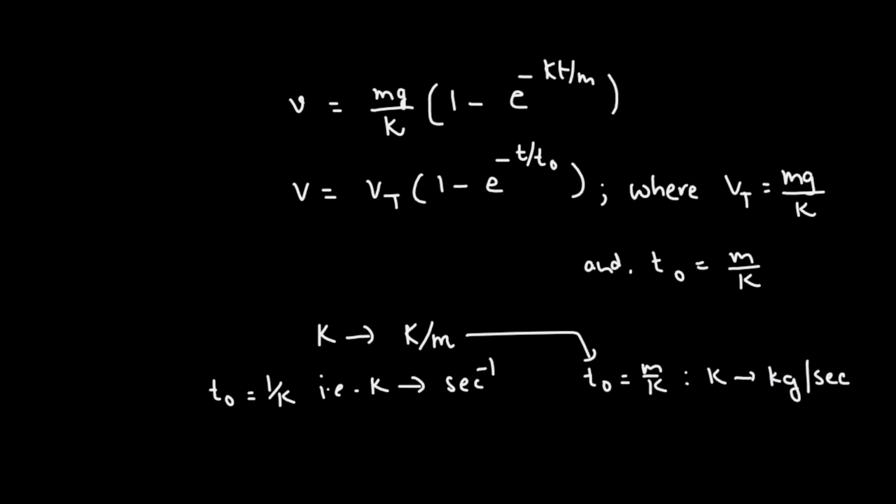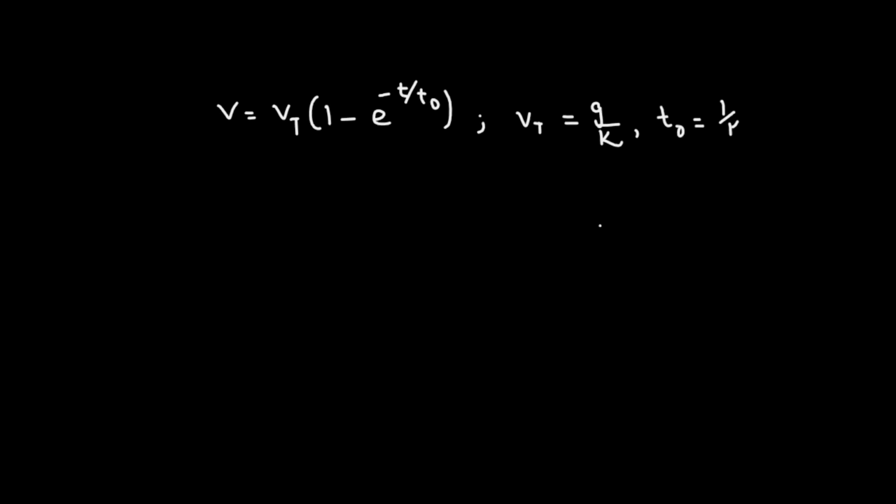Let us now note down the result obtained in both the two scenarios. So we have v equals vt times 1 minus e raised to the power of negative t over t naught. In this case, vt is given by g over k, and t naught is defined as 1 over k.